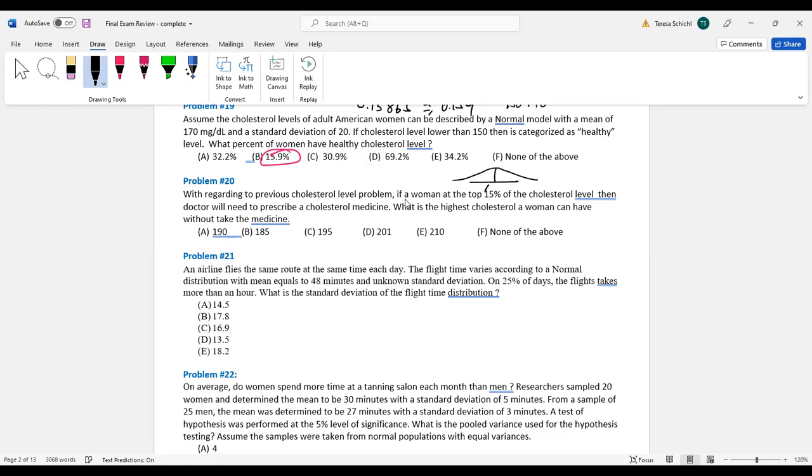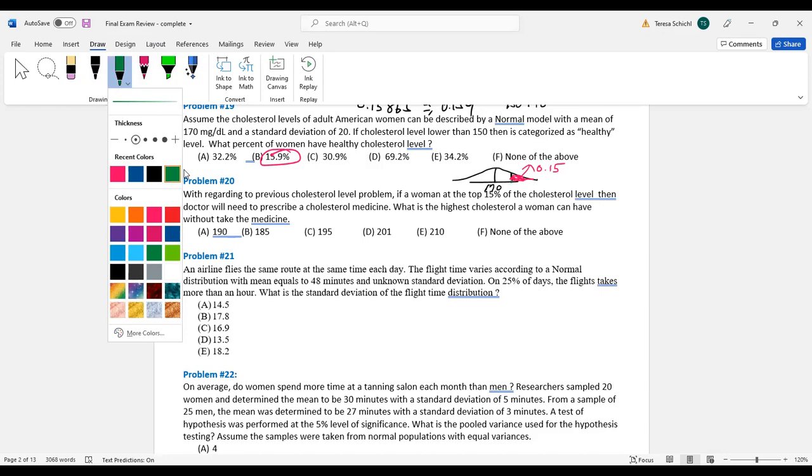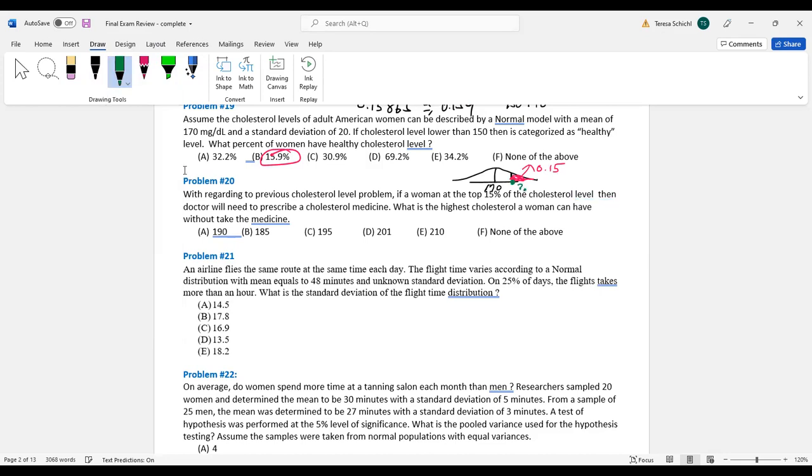This is 170, and we say the highest 15%, that means from here to here. This area is 15%, so it's 0.15. I am going to find out what this green value here is, which will give me the 0.15. That means if I don't exceed this green value, then I don't need to take the cholesterol medicine.